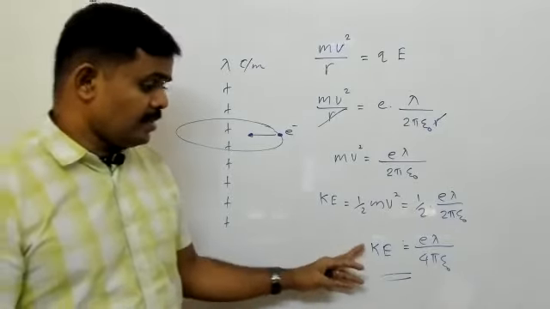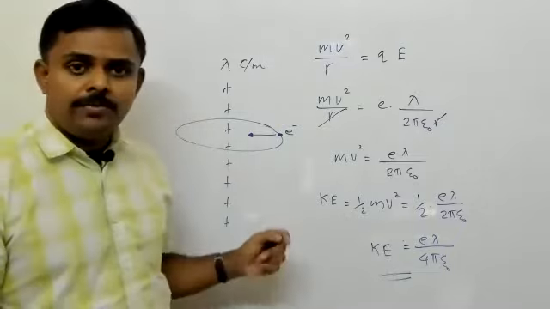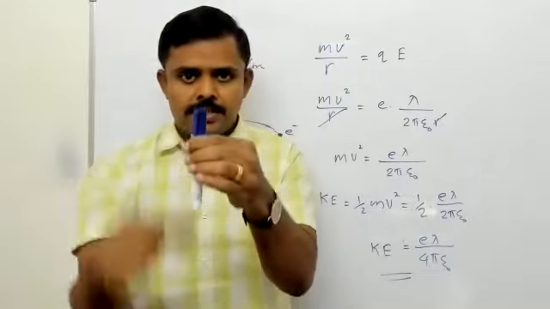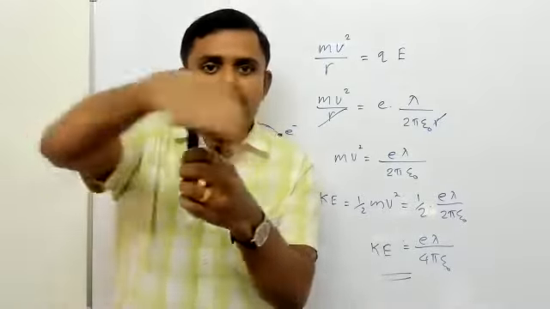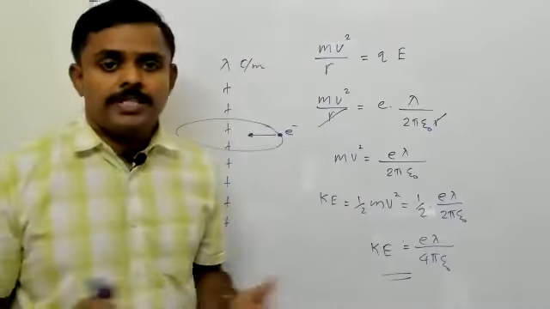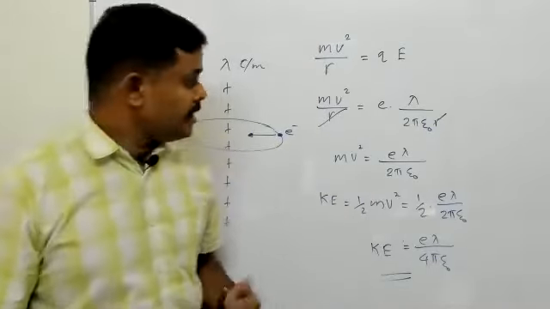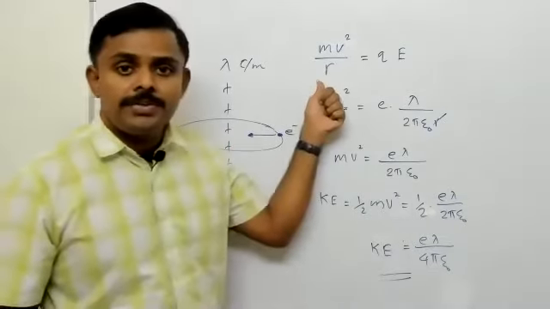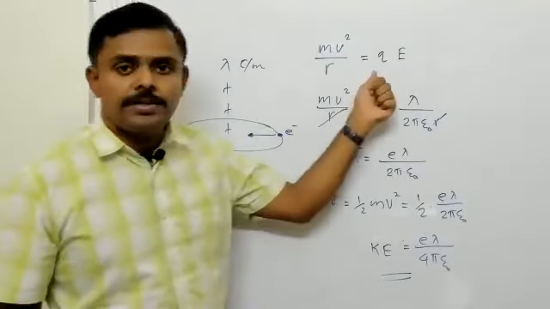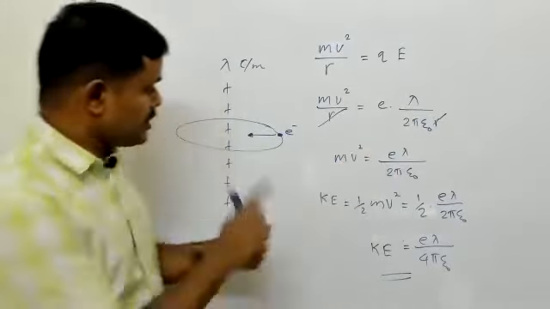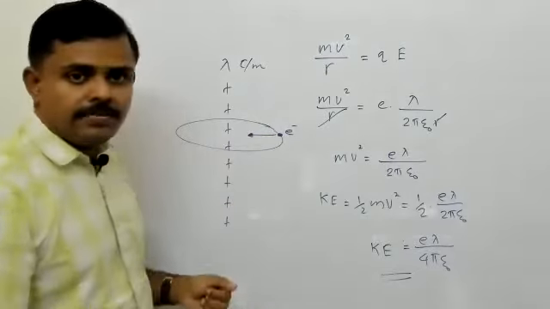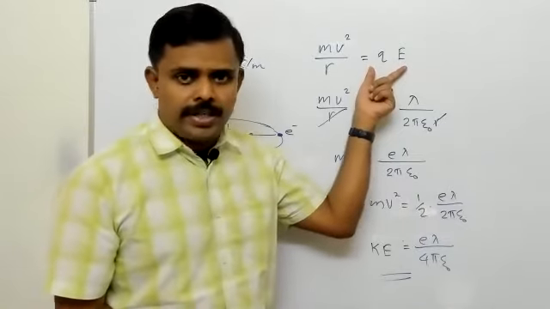I'm repeating the question one more time. We have a linear charge distribution, a line of charges like this, and an electron is revolving around it. Revolving means circular motion, so centripetal force is involved. mv square by r is equal to QE, because the centripetal force is provided by the electrostatic force.